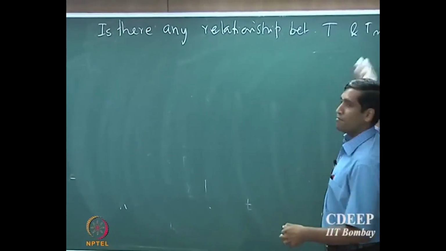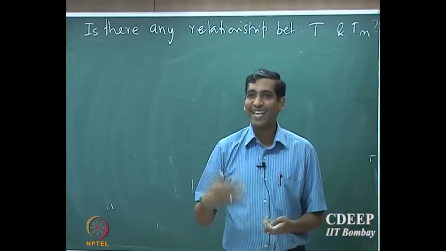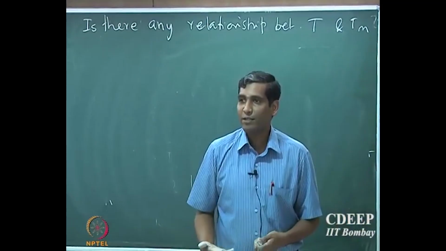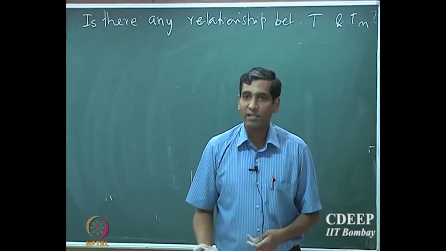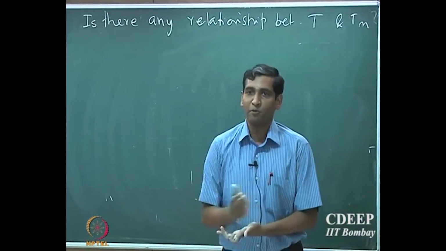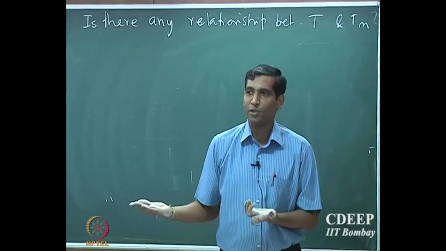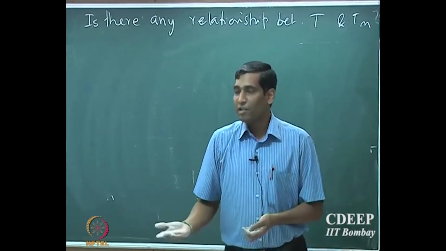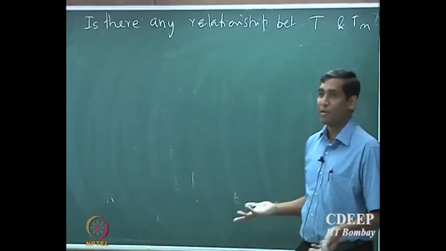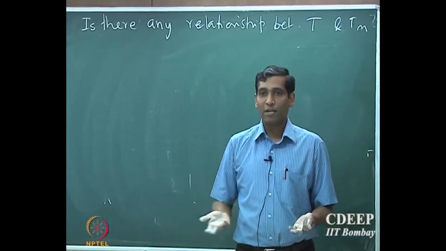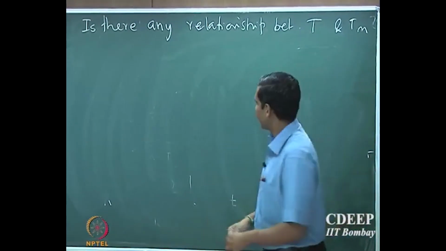Because we say that Tm provides a way to scale the temperature, which leads to an important insight that the non-dimensional temperature profile does not change with the axial position in the fully developed regime. So which means that there must be a relationship between the two. So can we find out what that relationship is?